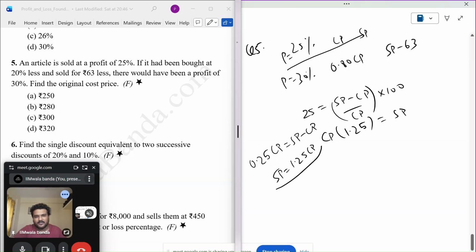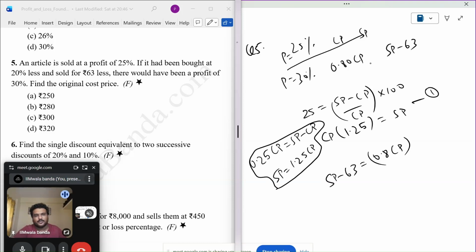So be in a habit of skipping all of this, and whenever you get profit, you know profit is same as increasing a number by 25%. So I can write this. In the same way, I can write that SP is CP. This is new CP, this is new SP, and 1.30 of CP is SP, right?